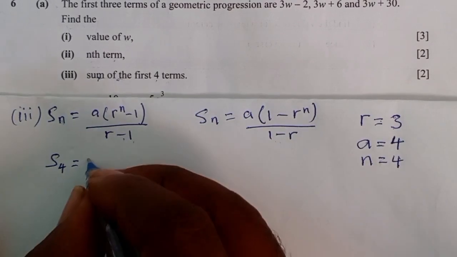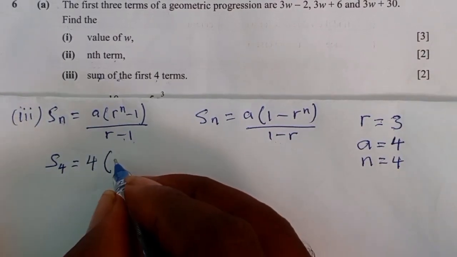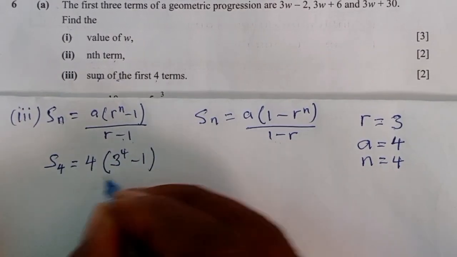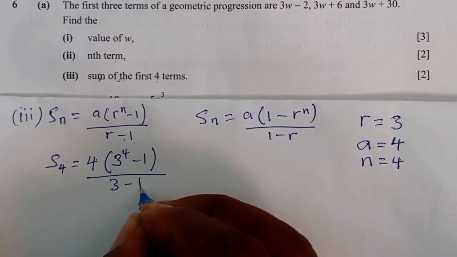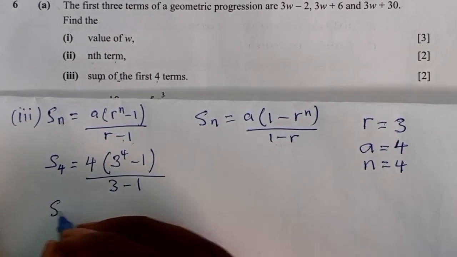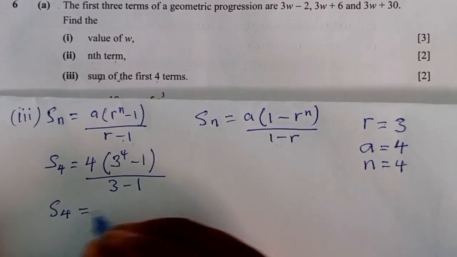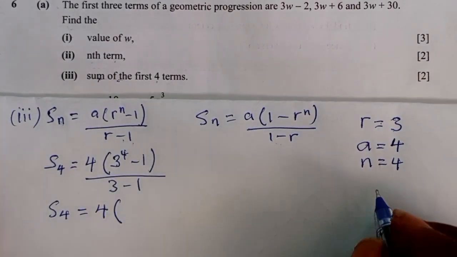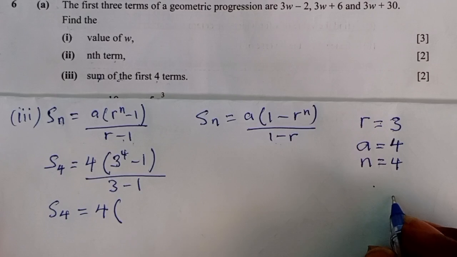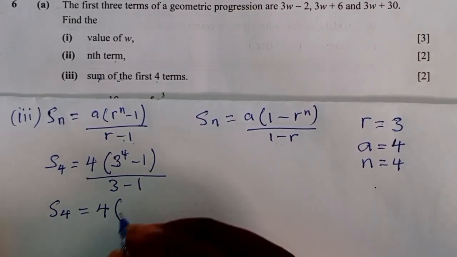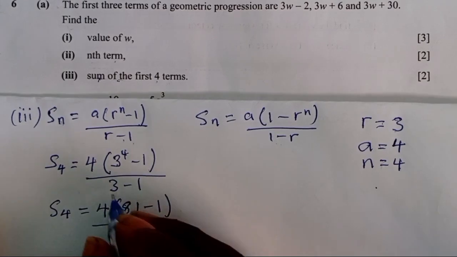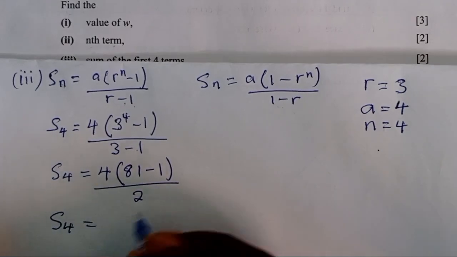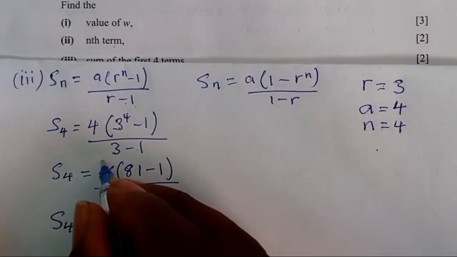a is 4, r is 3, n is 4. So 4 times 3 to the power 4 minus 1 over 3 minus 1. Sum of the first 4 terms is equal to 4 times 3 to the power 4. It means 3 times 3 times 3 times 3, which is 81, minus 1 over 3 minus 1, that is 2. 2 into 4, it is 2.